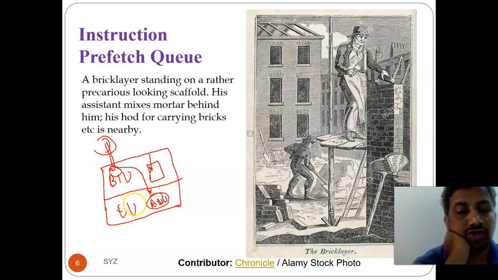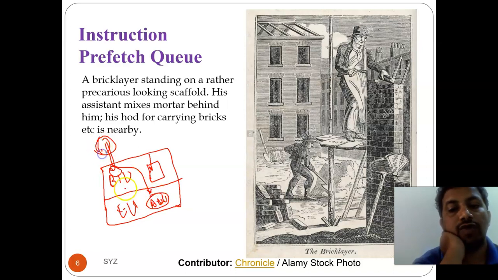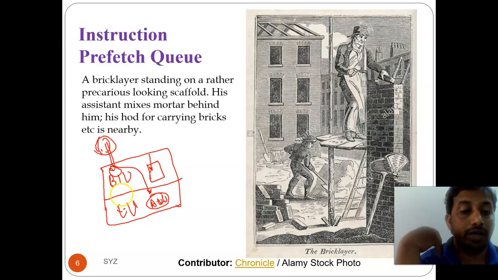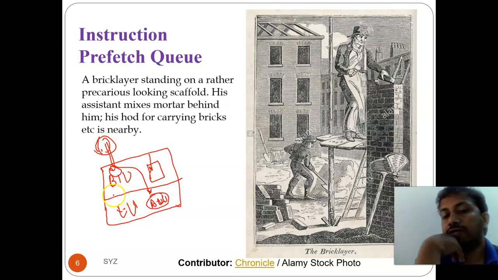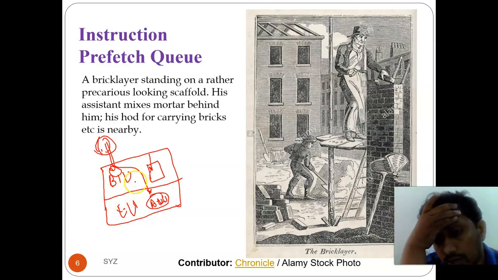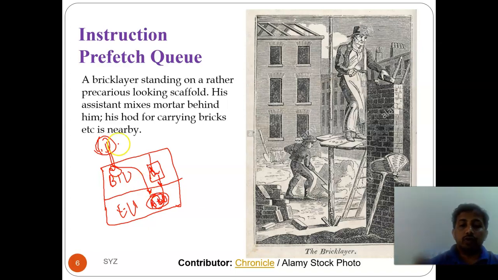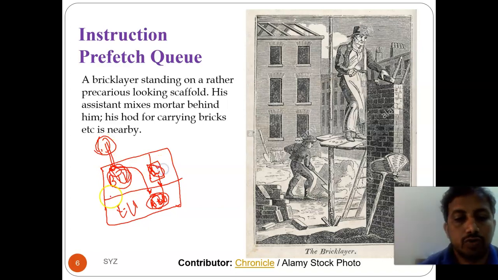Now when the execution unit wants to execute, it doesn't ask the bus interface unit to get the data from the memory. It directly checks the queue, takes whatever data is there and executes it. It never goes to the memory. So the bus interface unit's work is to get the data and put it in the queue.